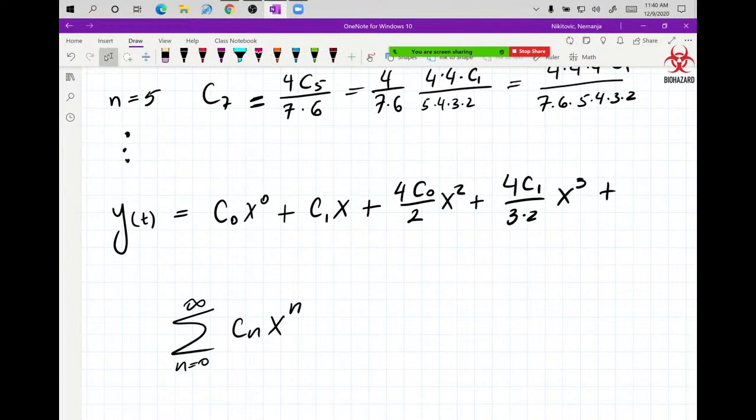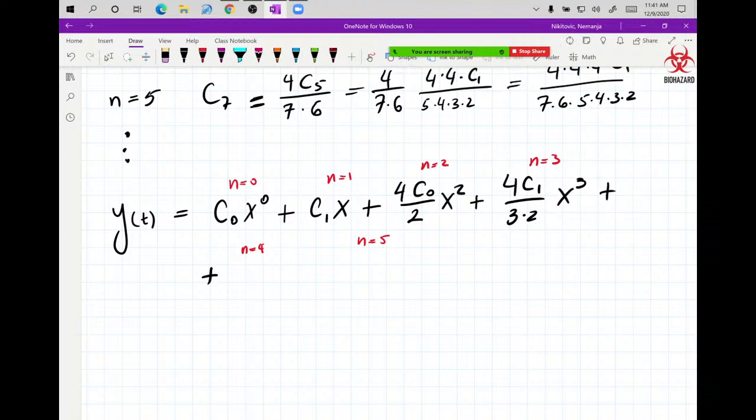So you see that I'm just going through this power series here, and I am writing in all of these guys. So I had my n equals 0 term, n equals 1 term, n equals 2 term, n equals 3 term, and now it's time for n equals 4 term, and then n equals 5 term, which is where I stopped with my terms up there. So what's my next one? Well, it's going to be C4.